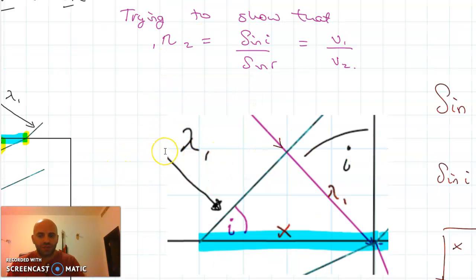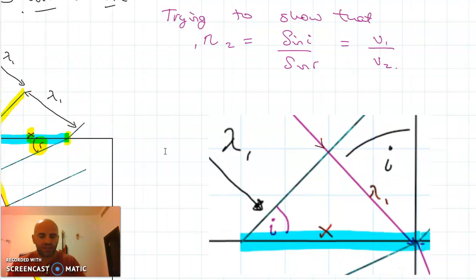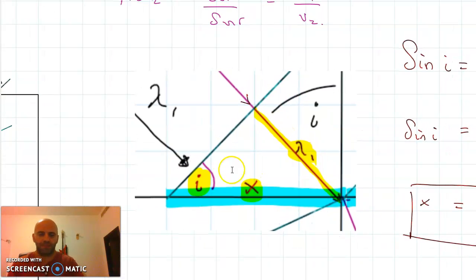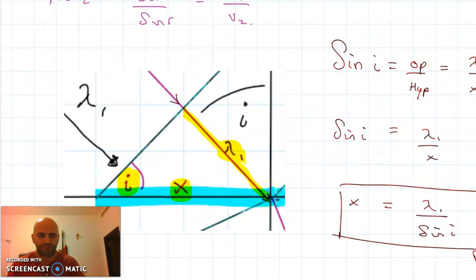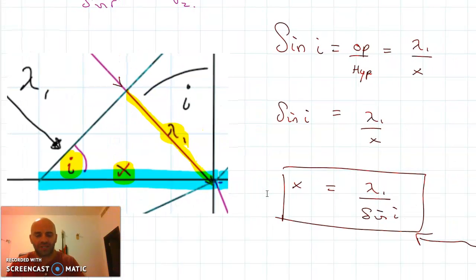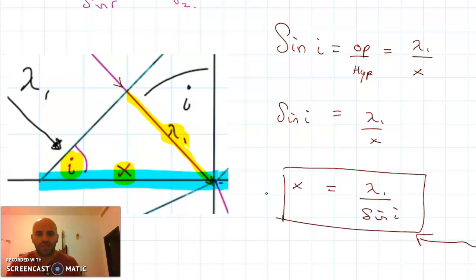So I've just zoomed in on the top portion, on that top part of the triangle. Again, I've got my x, my lambda 1, and my angle of incidence, which is here. And I know that this is one wavelength when it's traveling in material 1. I've kind of cut off material 2 there. I'm just going to sort this bit out first. If I take the sine of the angle of incidence, that would be the side opposite divided by the hypotenuse.